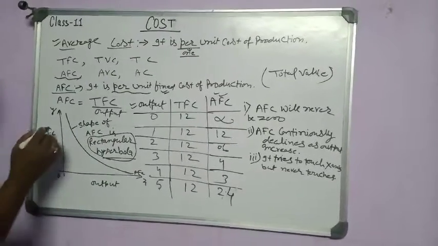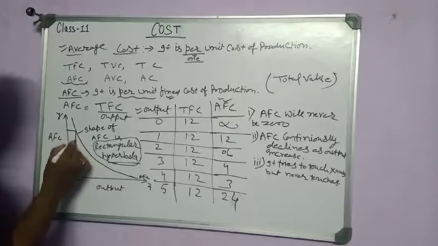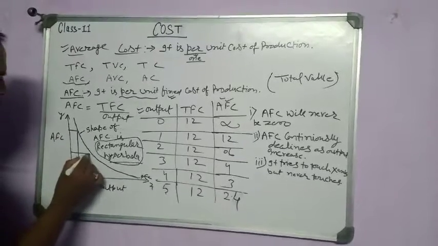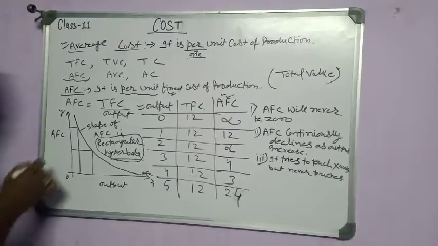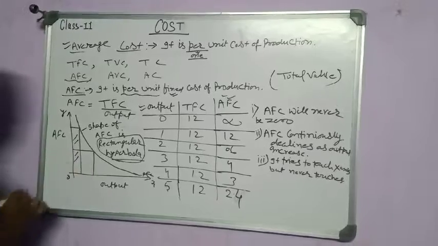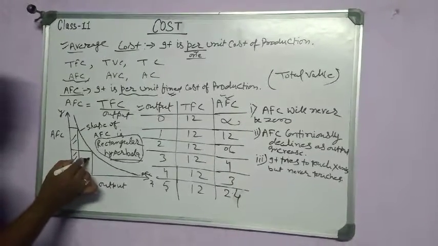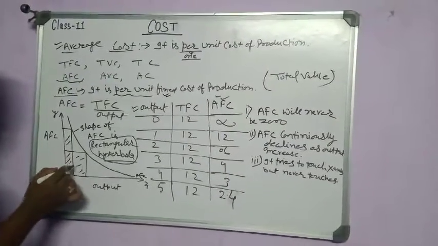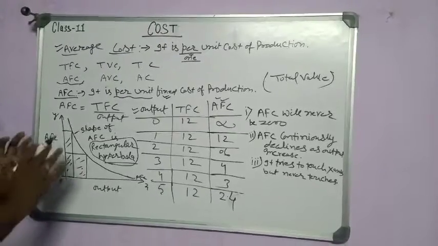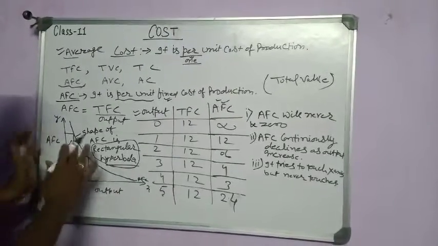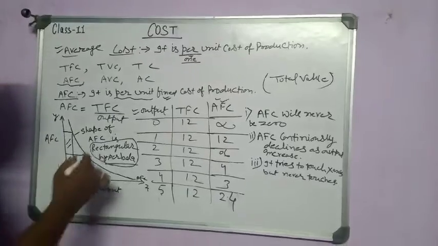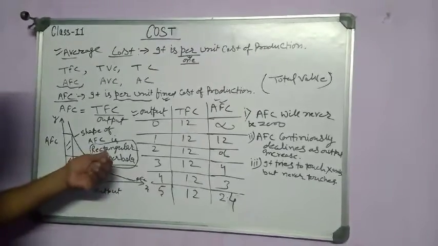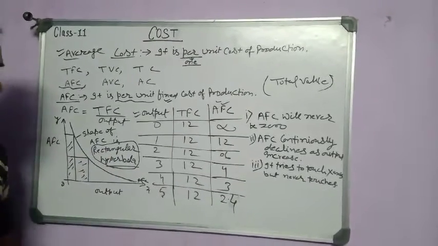So if we take any point, we find that the area of this one is always equal to the area of this. Clear? So at all levels of output, the area will be the same, and that's why it is called a rectangular hyperbola. Clear?